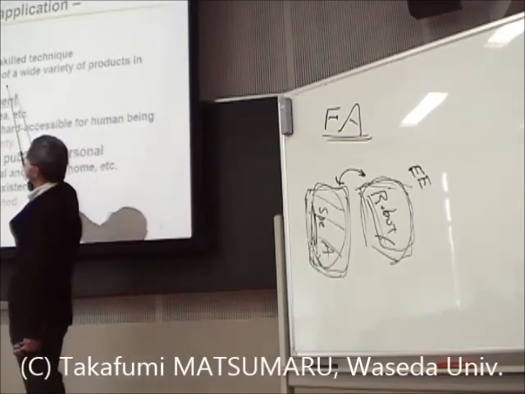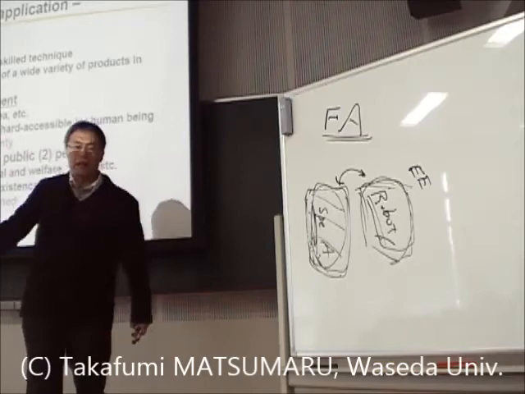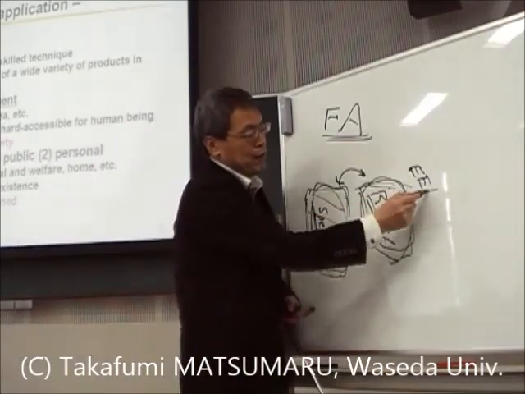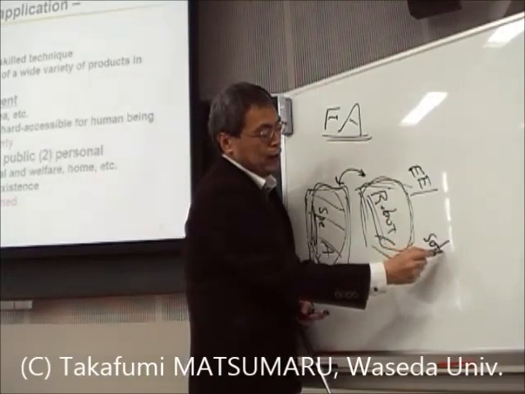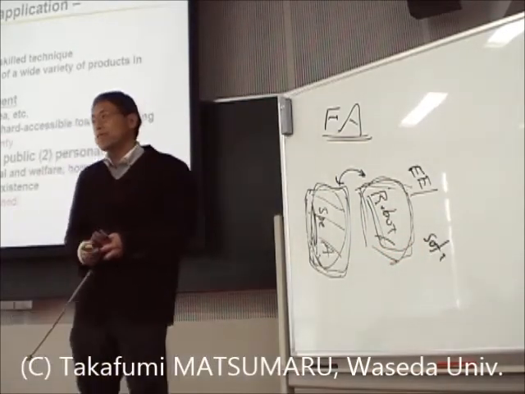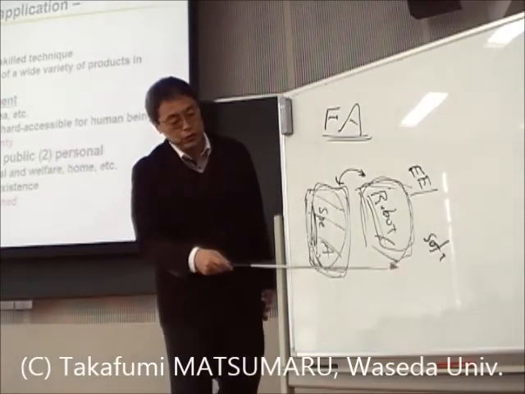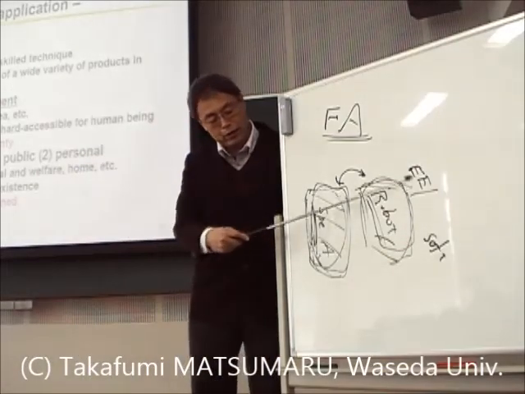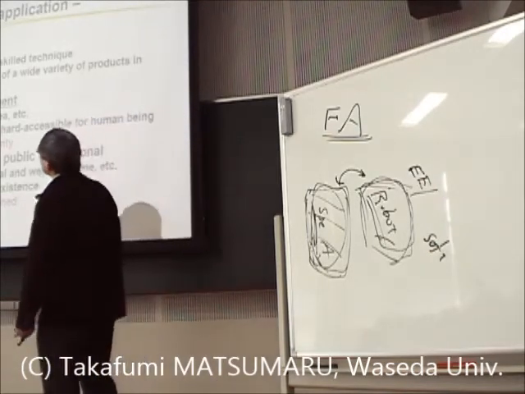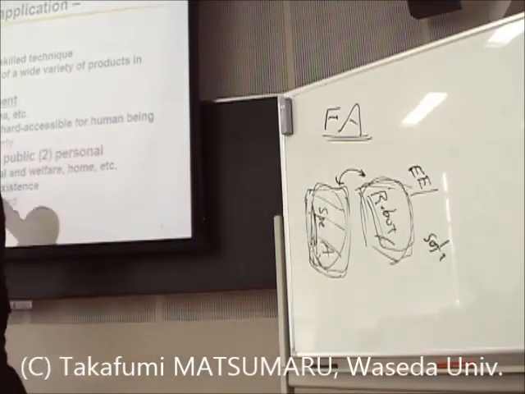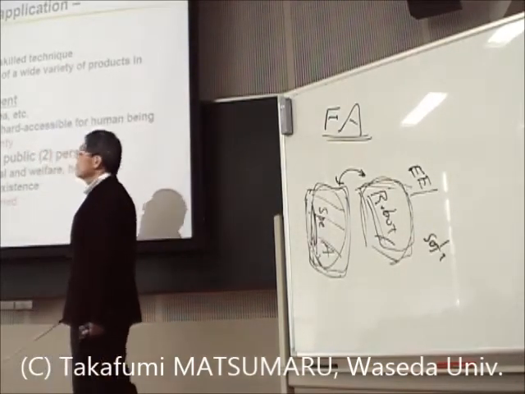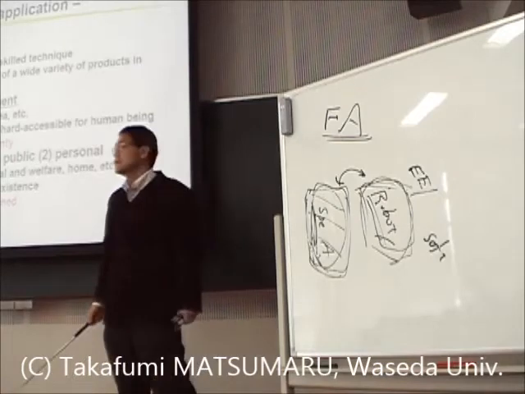But the robot can do wide variety of tasks with the end chip replacement and also software updating. Software is also important to do the wide variety of tasks. So therefore, some flexibility is important for this kind of robot.